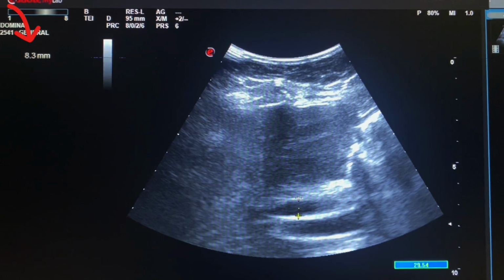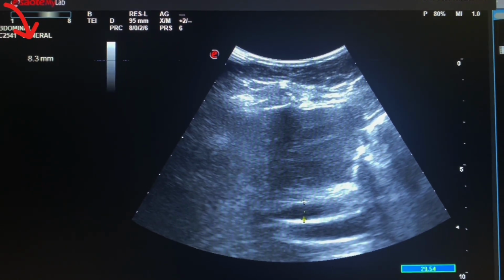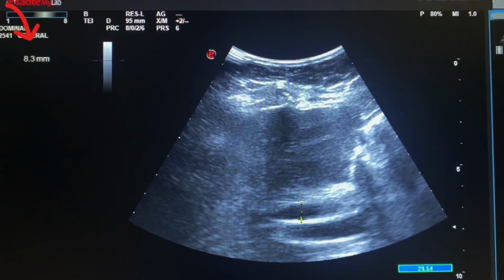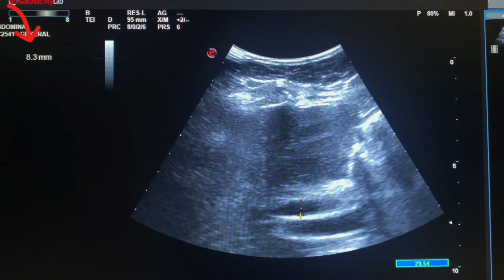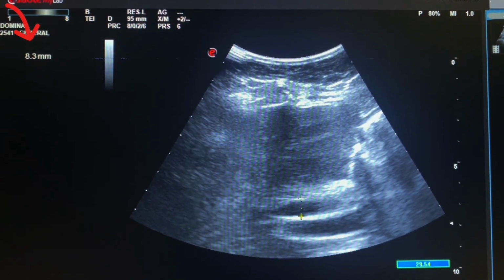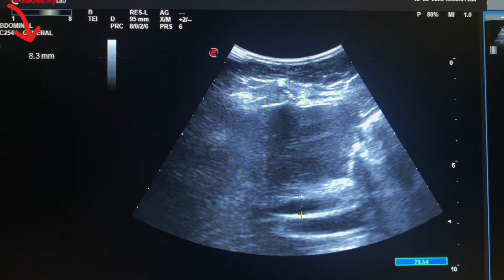The common bile duct size is 8.3 millimeter. It shows that the common bile duct is also dilated. The normal size of the common bile duct is up to 6 millimeter.